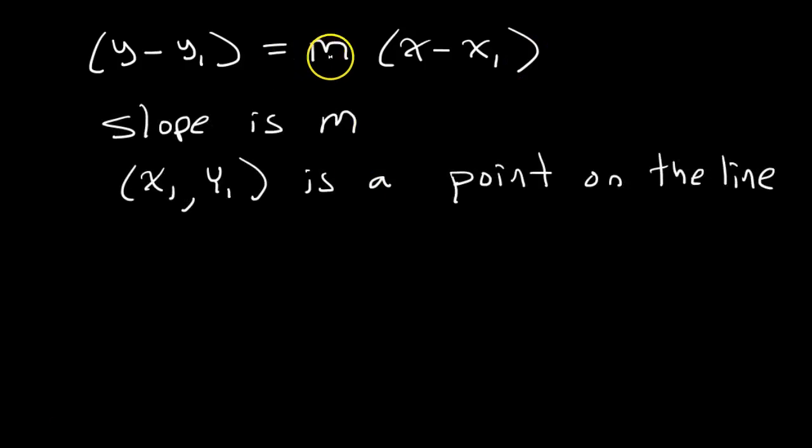In this model, m is still the slope, and (x1, y1) is any point on the line. So this is going to be a lot more useful than y equals mx plus b, because we don't need the y-intercept. We can just use any point.